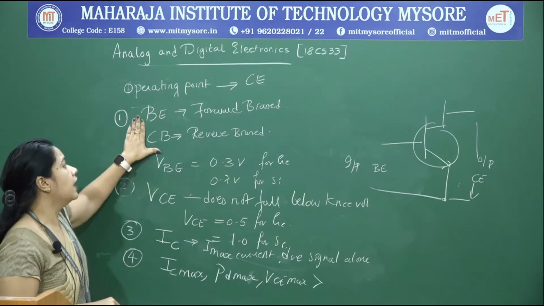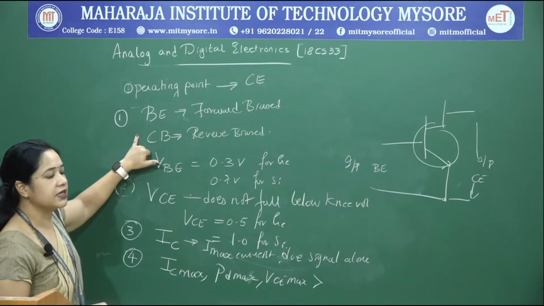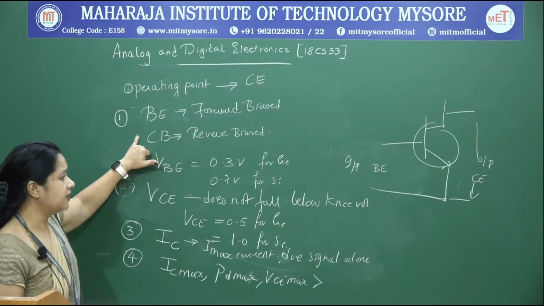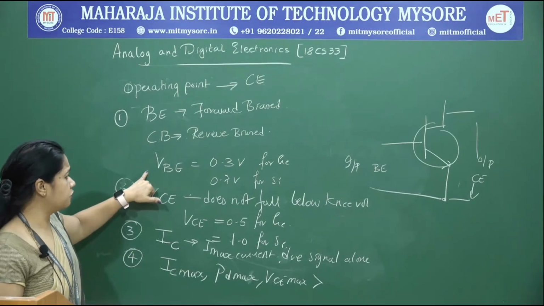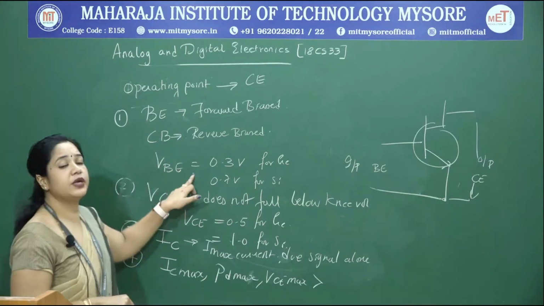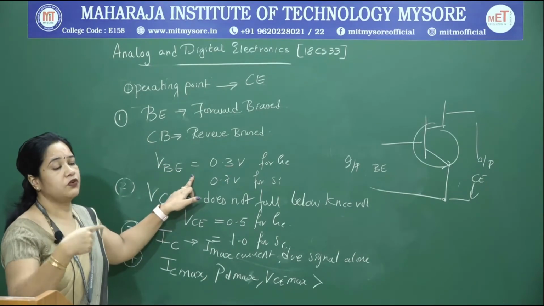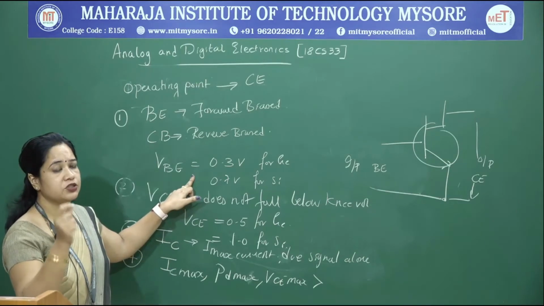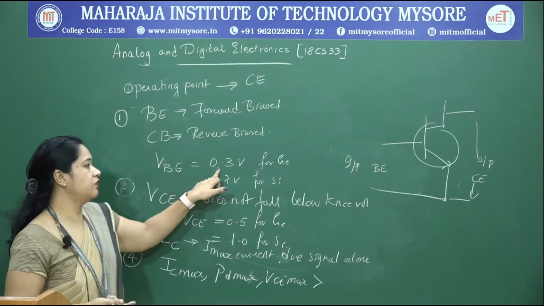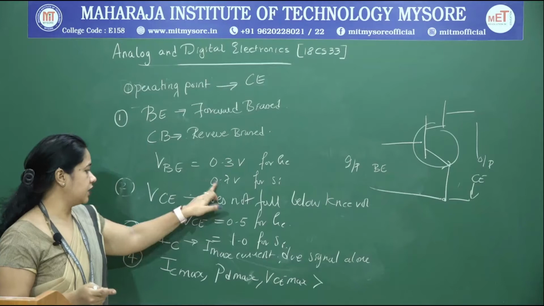You should ensure the emitter base junction is forward biased and the collector base junction is reverse biased. To keep the emitter base junction forward biased, the voltage should be more than the cut-in voltage, which is 0.3 for germanium and 0.7 for silicon.